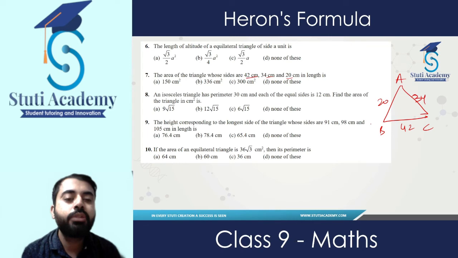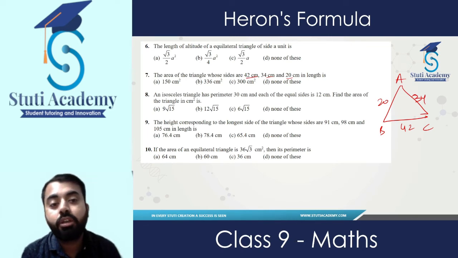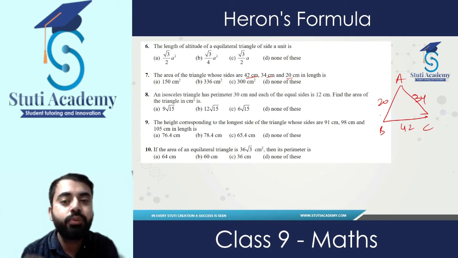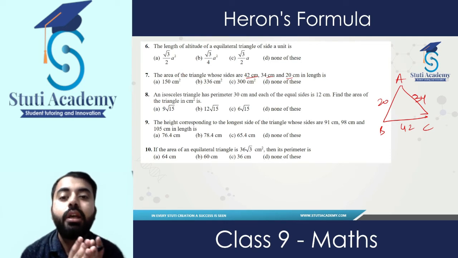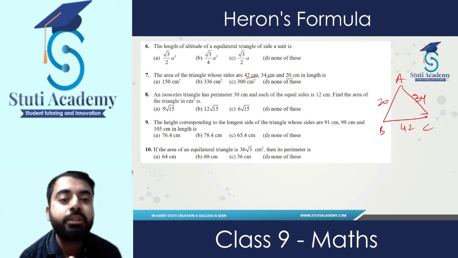Or you can just simply use your Heron's formula. But always try to do this. Once you have got each dimension, just square each and every value and add them. If you end up getting the sum of two squares equal to the third one, that means that figure is a right angle triangle, and you can use half into base into height there.